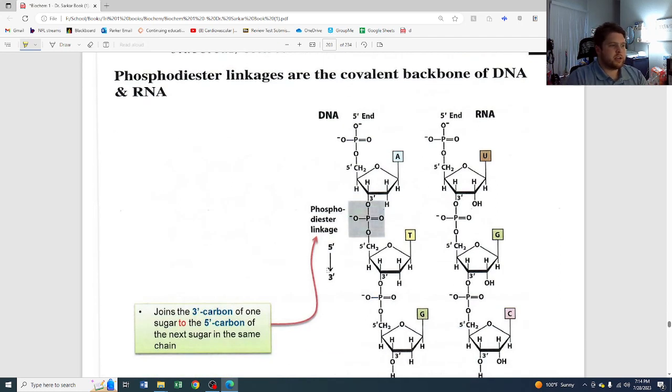So phosphodiester linkages are the covalent backbone of DNA and RNA. If we think way back to the beginning of the book, the phosphodiester linkage is essentially just a bond which connects two things using a phosphate.